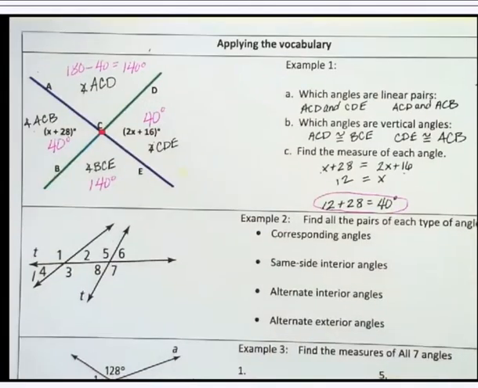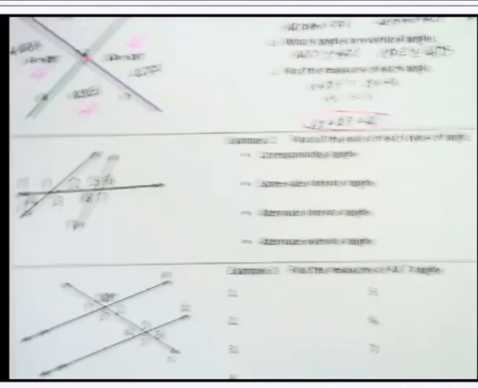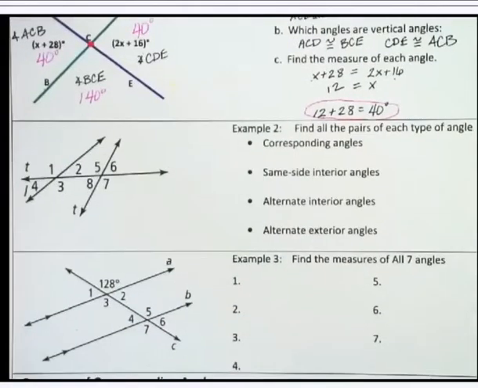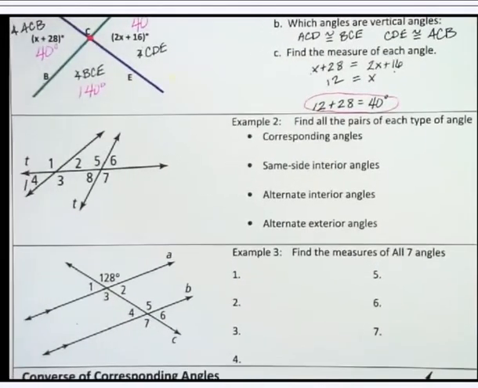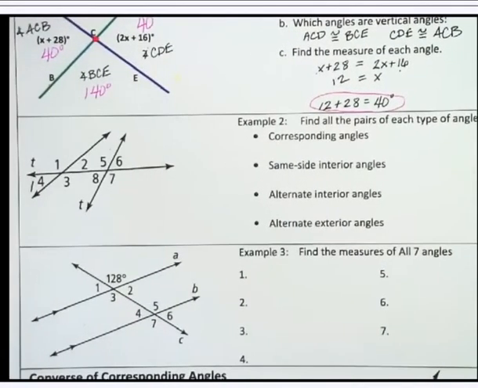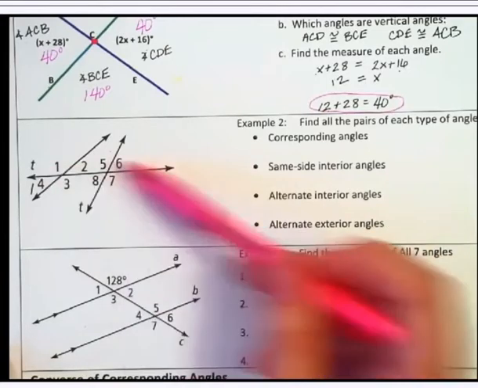Okay. Let's take a look at example number 2. Find all the pairs of each type of angle. So this again is just practicing the vocabulary. So corresponding angles, let me try to color code here. Corresponding angles are on the same side of a transversal.